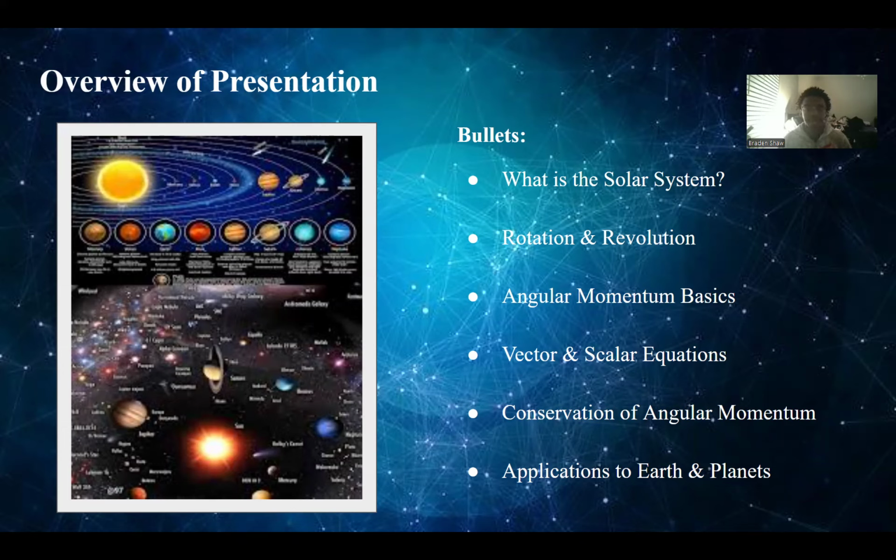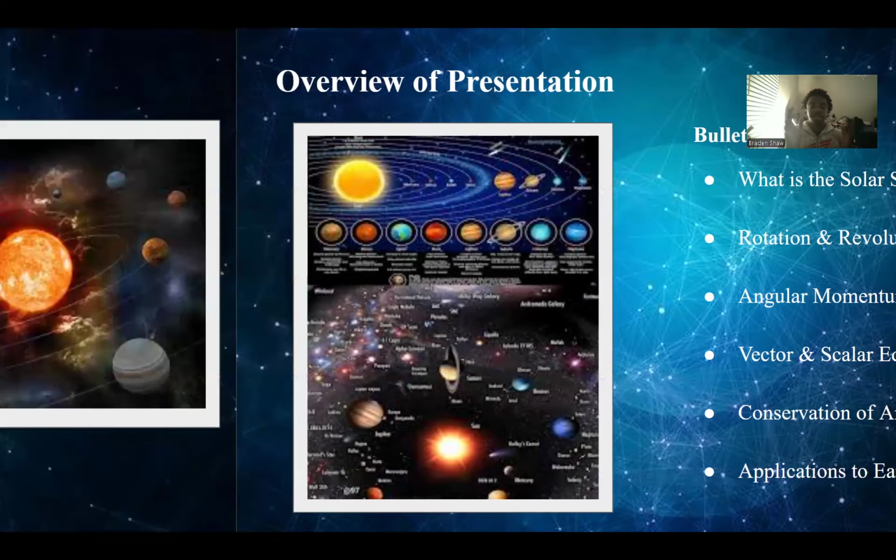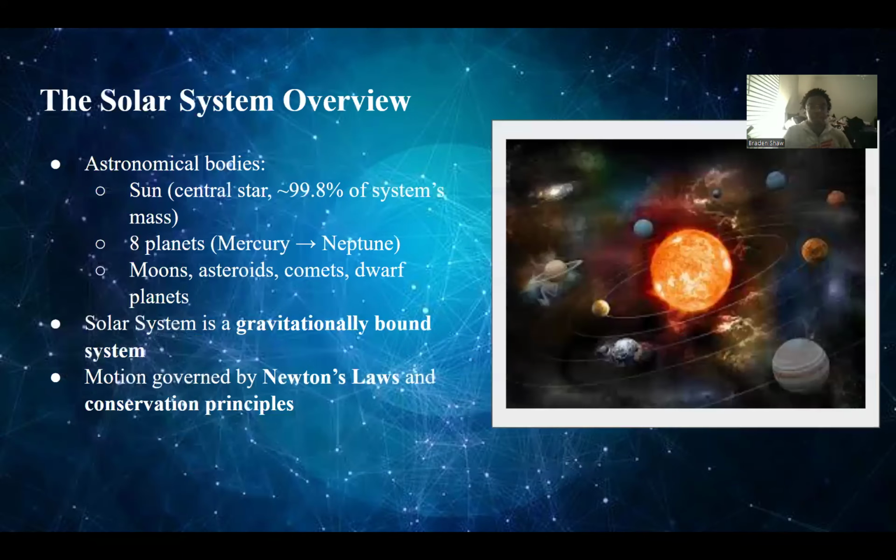After that, we'll take a look at examples within the solar system, including the Earth, the Moon, and planetary orbits. And finally, I'll wrap up with a summary to highlight the key ideas. By the end, you should have a strong understanding of how angular momentum keeps our solar system stable and predictable.